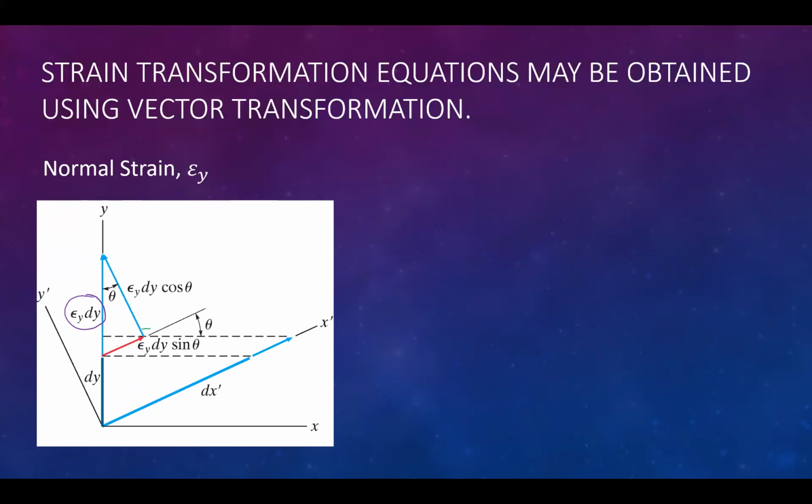So we can say this red arrow is in the x prime direction, and the other vector that's needed to add to that to get the original y displacement vector is this component in the y prime direction. So if we have extensions in either the x or the y direction, we can break those up into their x prime and y prime components.